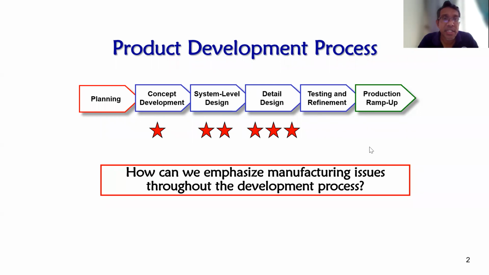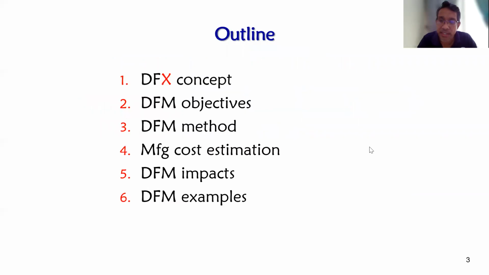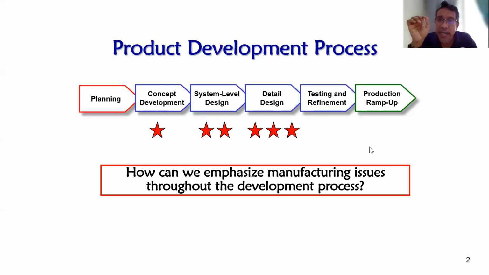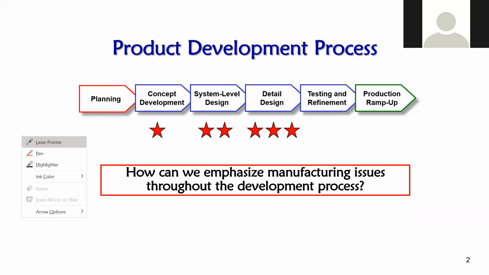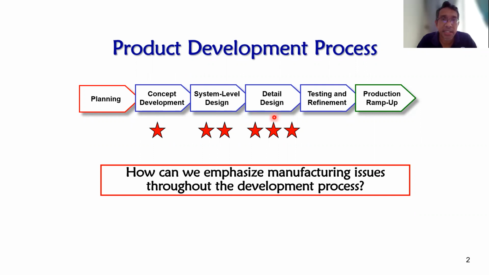This is very important because customer needs and product specifications are usually our guide in the concept phase. You have learned the concept phase already. You use the specification as a guide to product development. And then you can see from this chart, we start from planning, then concept development, system level design, detail design, testing, and then product ramp-up.